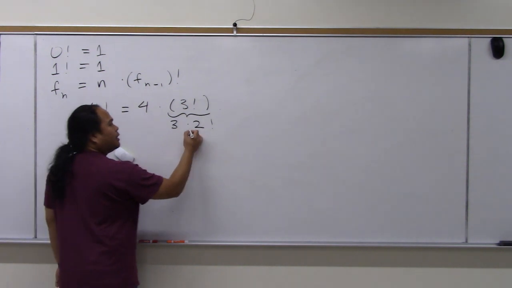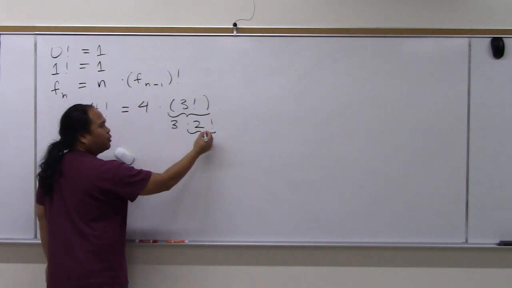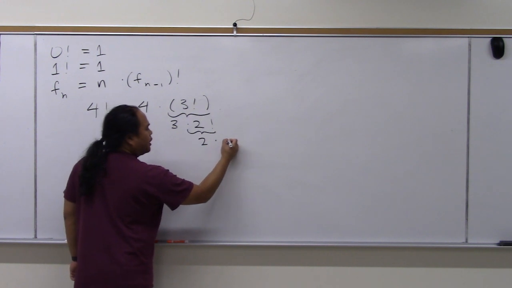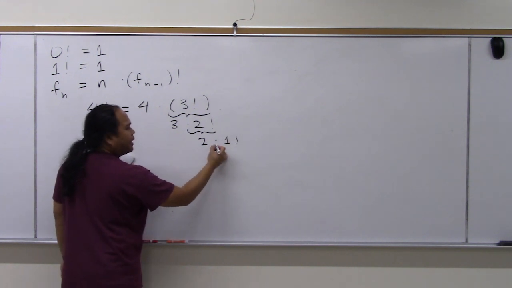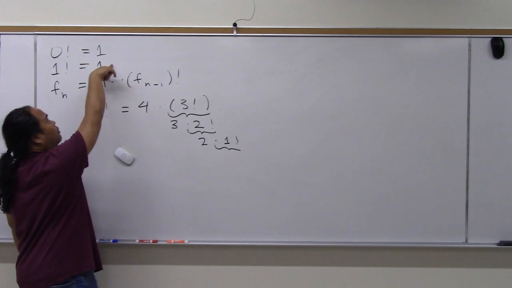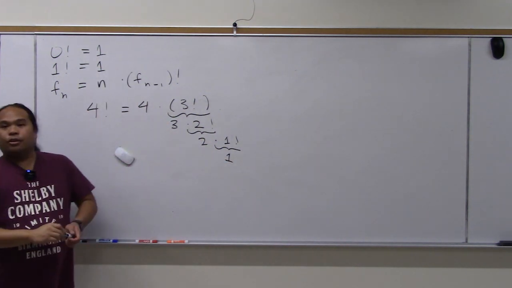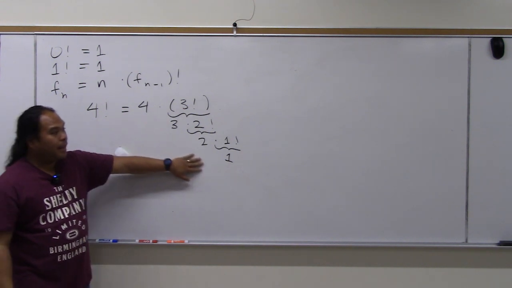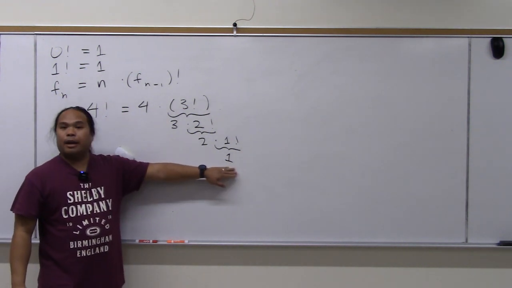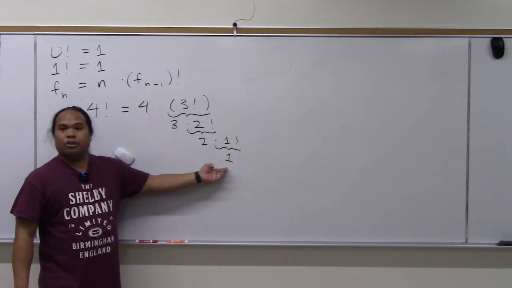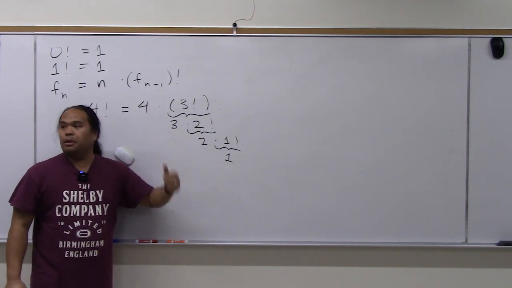And this thing is a recursive call to itself for 2, which is 2 times 1 bang. However, that is one of our base cases, which should return 1. That is a pretty good example of recursion, where it ends up calling itself, and once you hit the base case, it just returns, the base case being 1 bang.